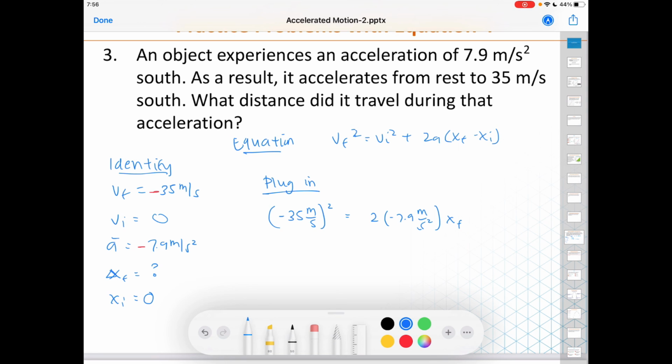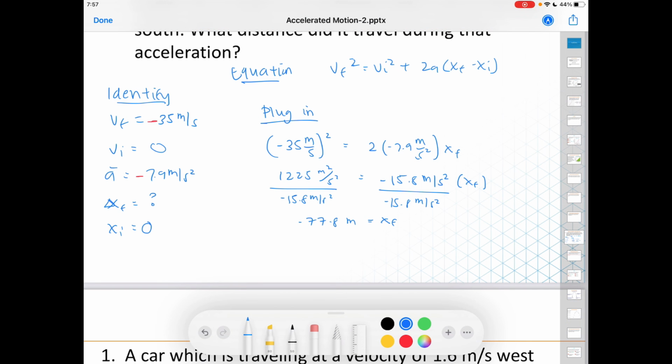That's going to leave you with 1,225 meters squared over second squared is equal to negative 15.8 meters per second squared times the final position. Divide both sides by negative 15.8 with your units, and you'll be left with negative 77.8 meters equals your final position. Since it's strange to say that the distance is negative, we can rewrite this as 77.8 meters to the south.